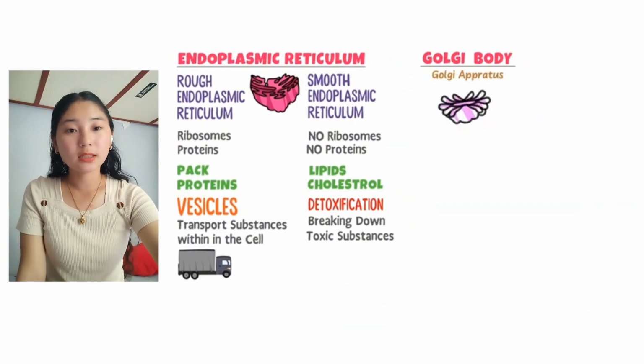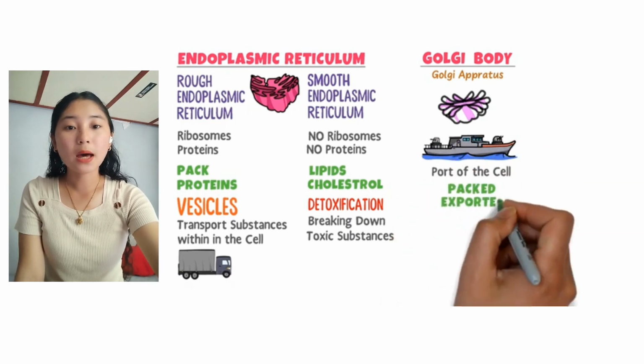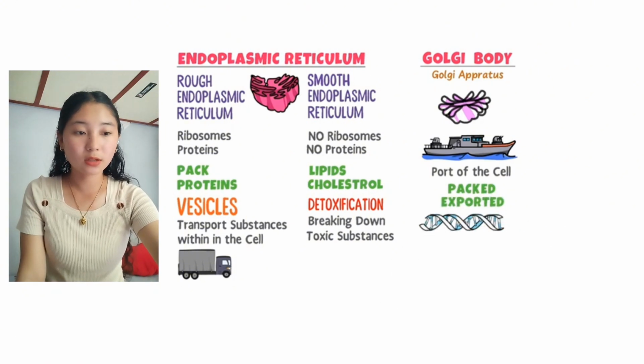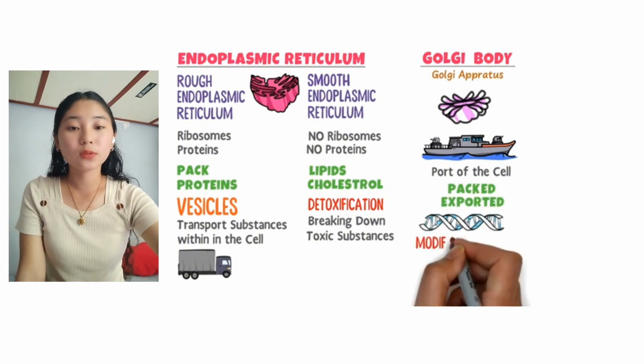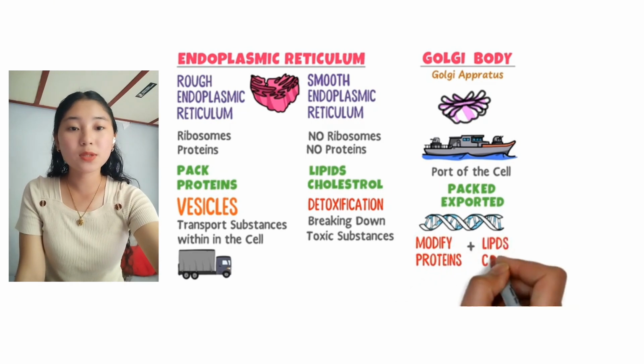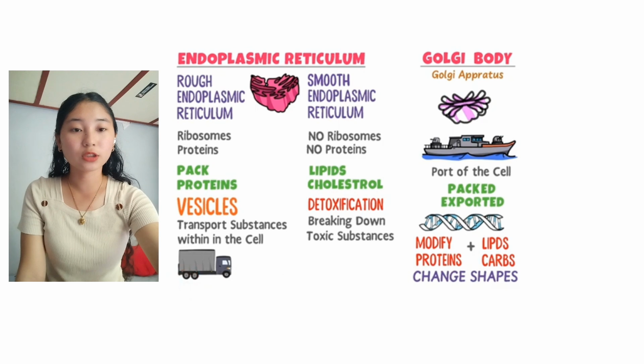Remember that Golgi body is a port of the cell where things are collected, packed, and exported. Golgi body receives protein from rough endoplasmic reticulum. It modifies the protein by giving them proper shape, by adding lipids or carbs to the protein, and changing the shape of the proteins, as the shape of the proteins plays a pivotal role in its function.